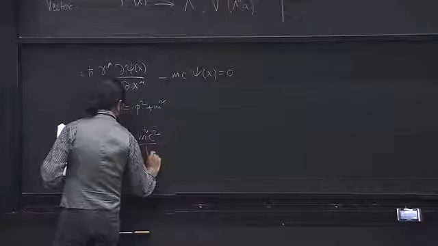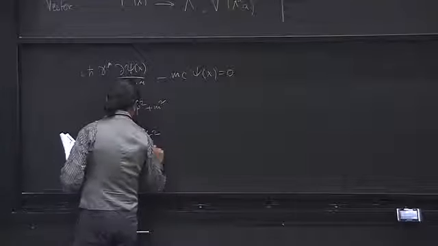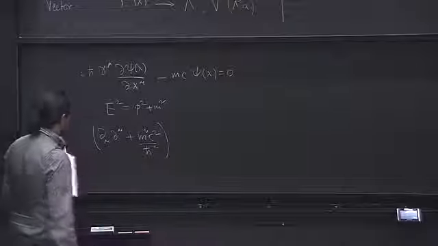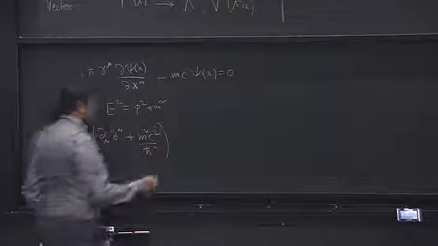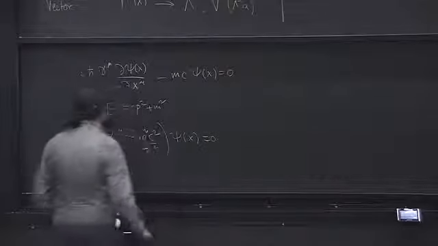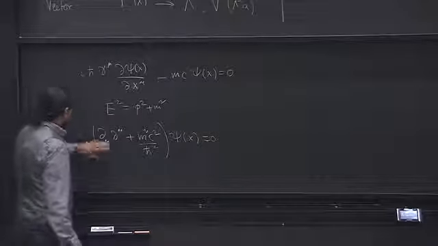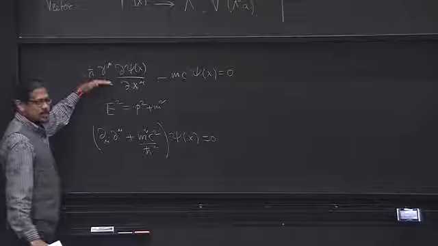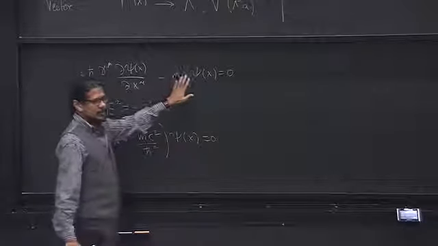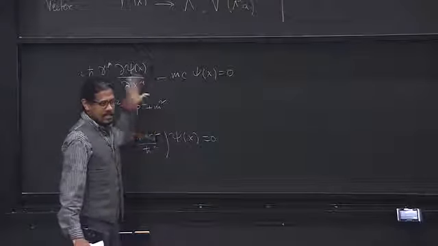So I'm writing out, just for history's sake, all the factors of c's and h bars, but for the rest of the course, I will set them to 1. So he imposed this. And so you can actually derive this equation from this equation by applying this differential operator with the mass, but with a positive sign.